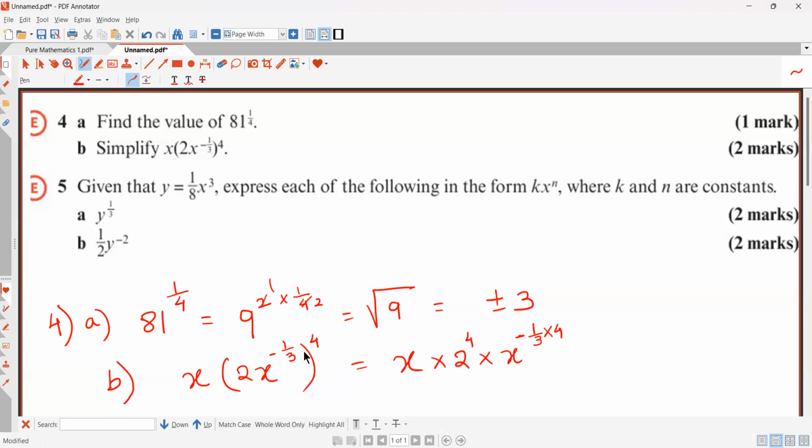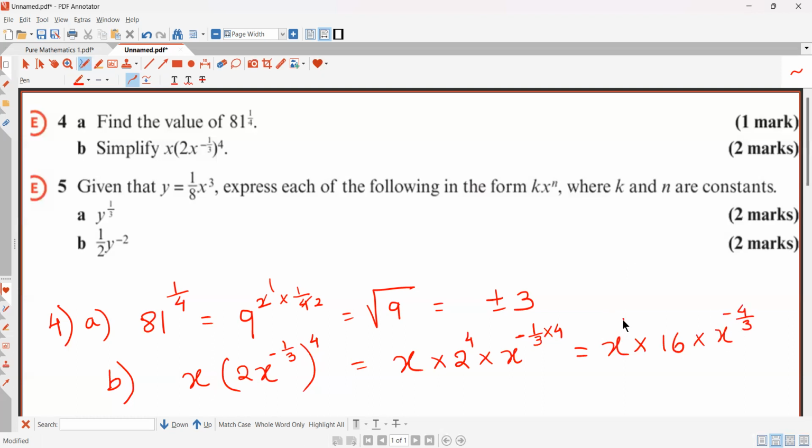Remember, when you open the bracket, whatever is inside the bracket, the power goes to each of them. So 2 raised to 4 is 16, and x raised to minus 4 by 3.